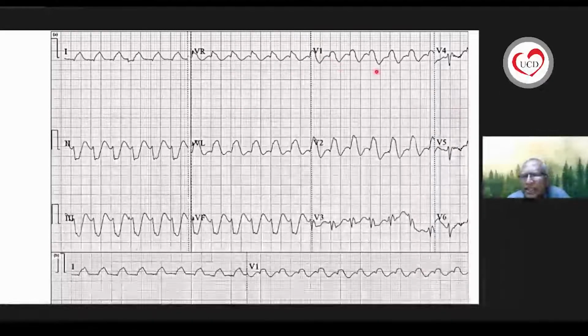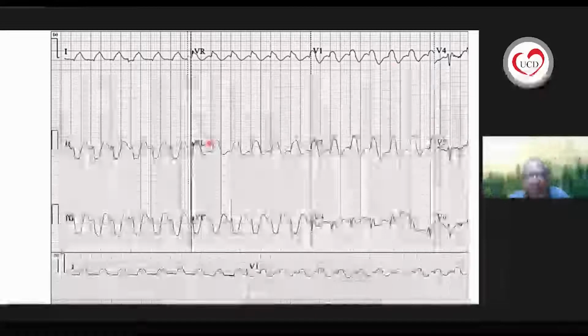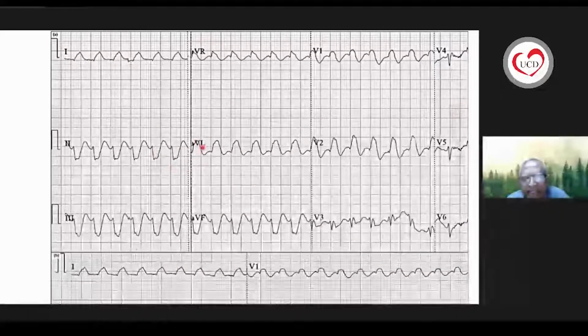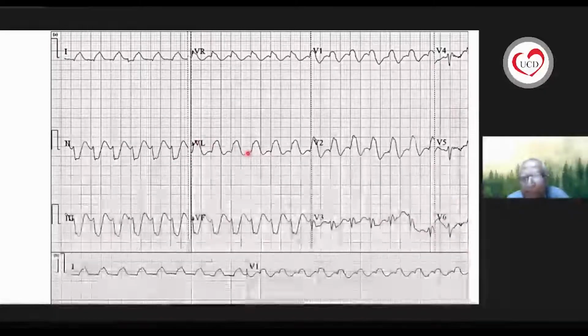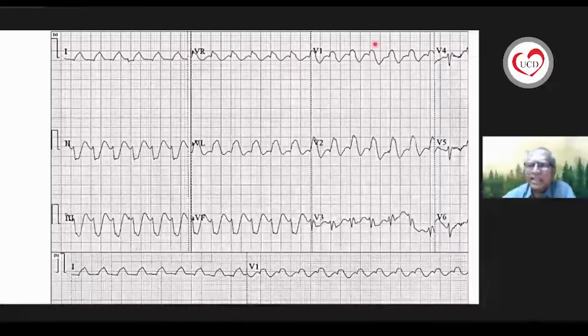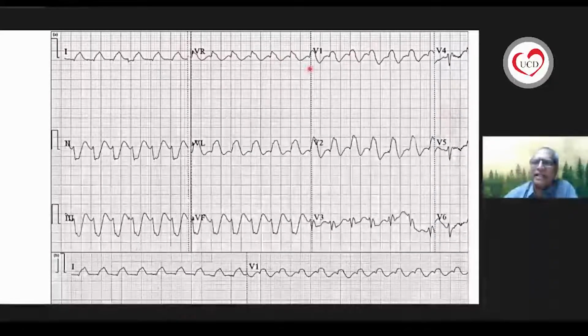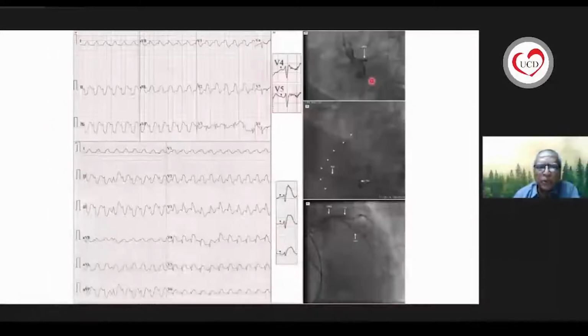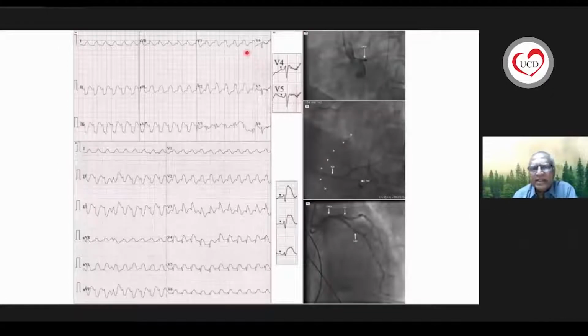Remember, a large anterior MI in a young person can immediately trigger a surge of adrenergic response, and they have a marked tachycardic response compared to older people. Therefore, this is typically a young smoker with a large anterior MI coming with a heart rate of 150 to 160. The clue is to look at one particular lead anywhere where you see a P followed by a QRS, P followed by a QRS.